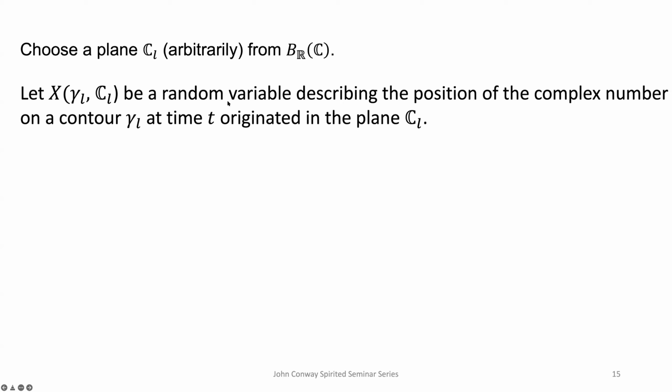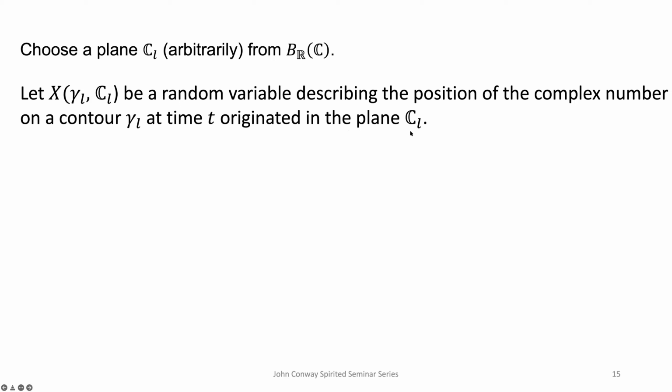Gamma L is the contour drawn from the CL. CL stands for the plane within a bundle, and gamma L stands for the contour drawn from the plane CL that has originated in the plane.